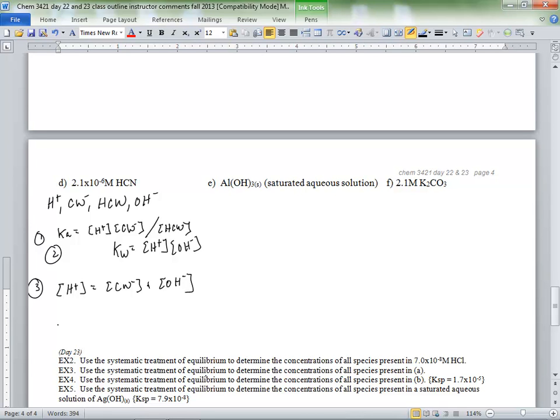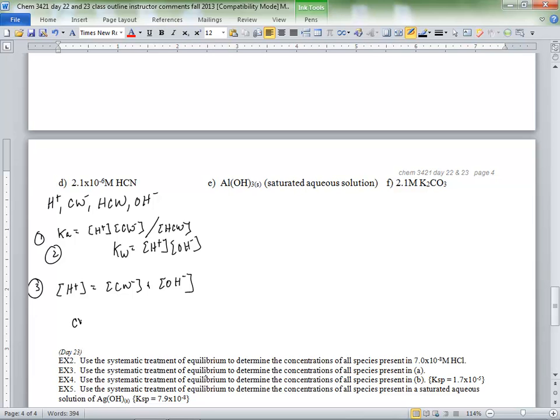Cyanide, I have to say it in English, otherwise I don't do it right. Cyanide in all its forms is equal to what concentration? 2.1. And the reason why I have to say that is because sometimes there's a stinking little 2 down here, right? And then you have to say cyanide in all its forms is, you have to multiply it by 2, right? See, otherwise I might screw up there.